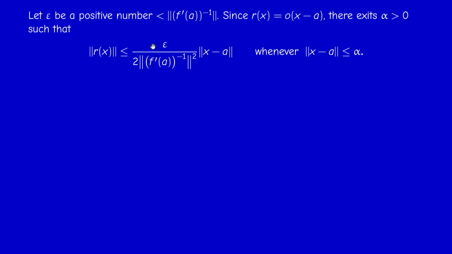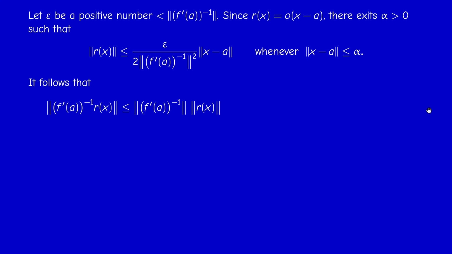Okay, and instead of epsilon, I take epsilon over twice the square of the norm of the inverse of the derivative. Okay, you'll see why. Therefore, by the fundamental operator norm inequality, the norm of this guy is less than the operator norm of F prime of A minus 1 times the norm of r of x.